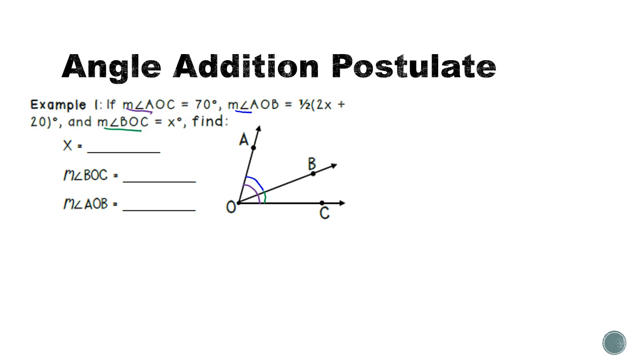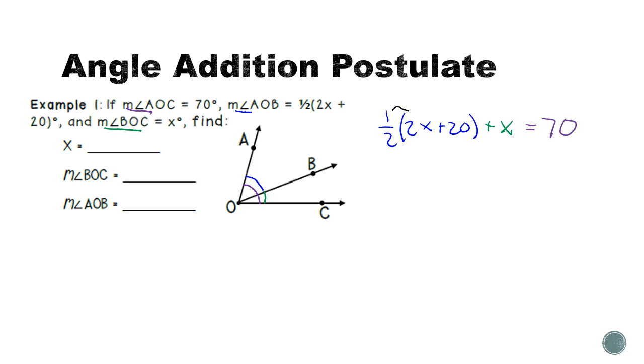Using the angle addition postulate, I know that part plus part equals whole. So this first blue part, AOB, is 1/2 (2x plus 20), plus the other part, which is in green, x, equals the whole thing, which is 70.